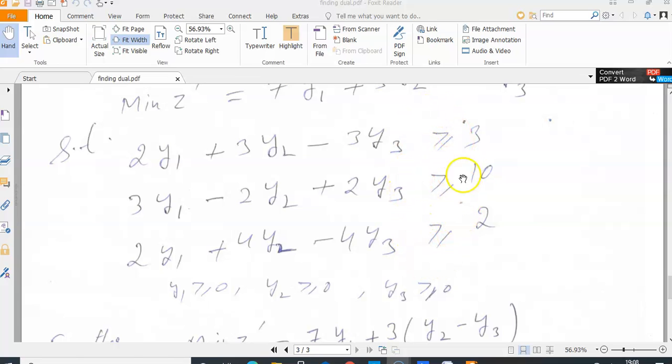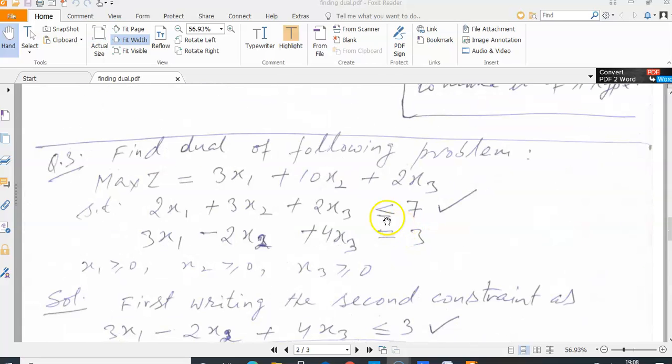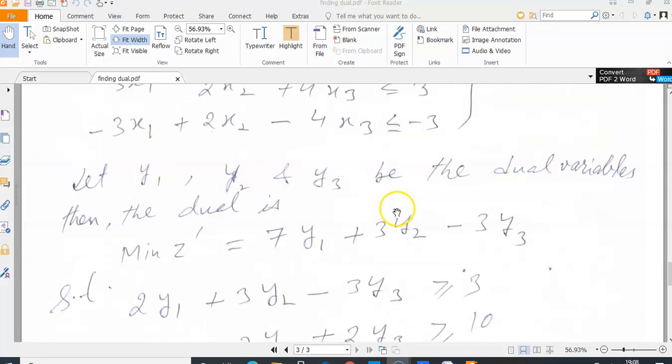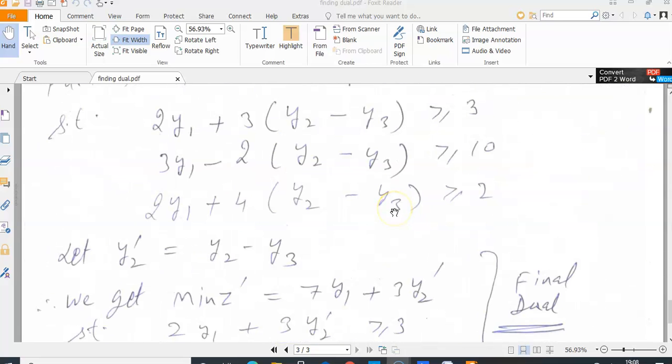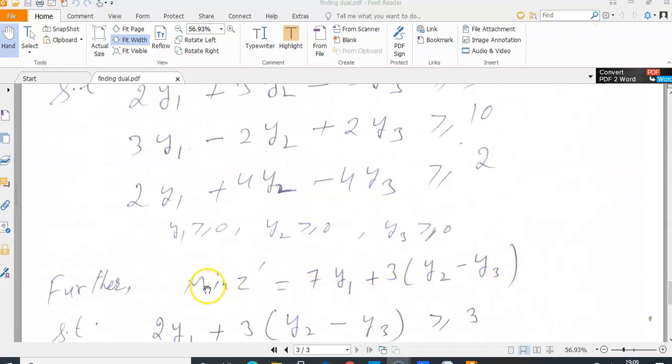All the constraints will be of equal to type, and these right hand side values are from here. Here are the coefficients of variables in the objective function. Now again we can simplify it.